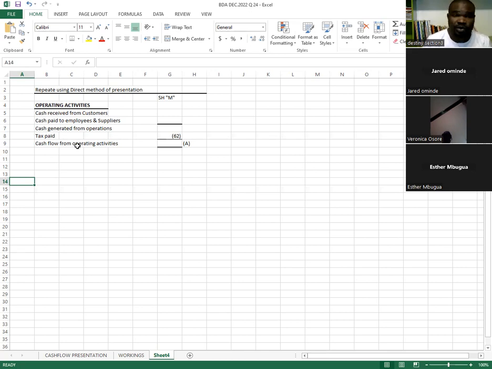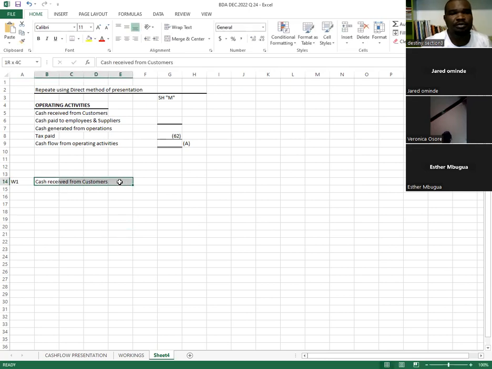That is the advice I was given, and that is what you need to adopt even during the exam. So my working one here will be on cash received from customers. That is how you're supposed to go about it.